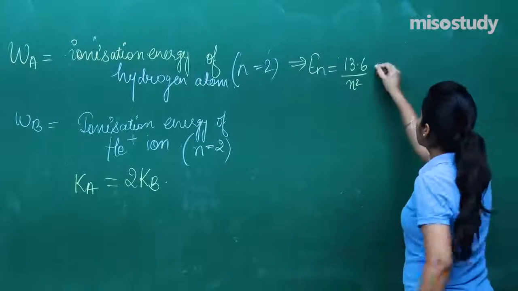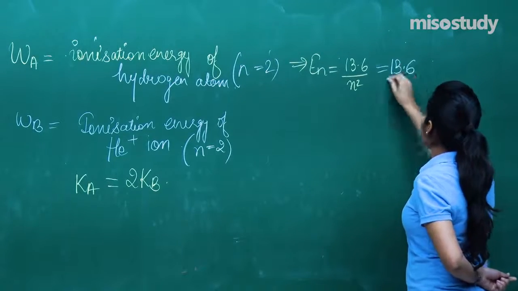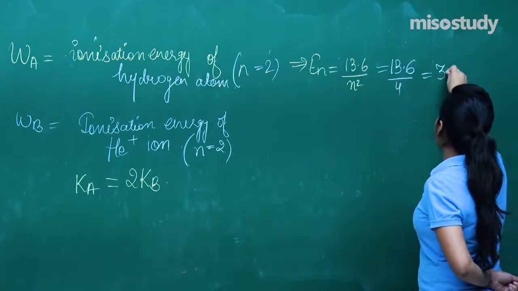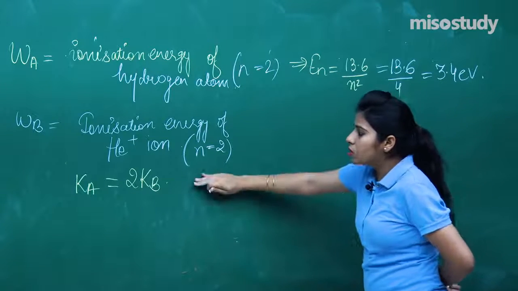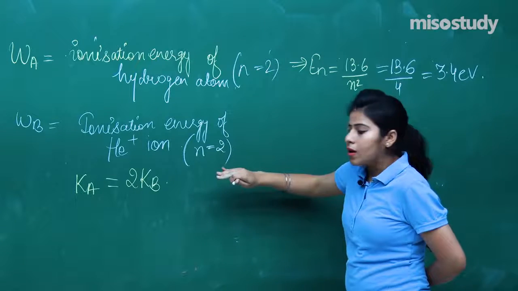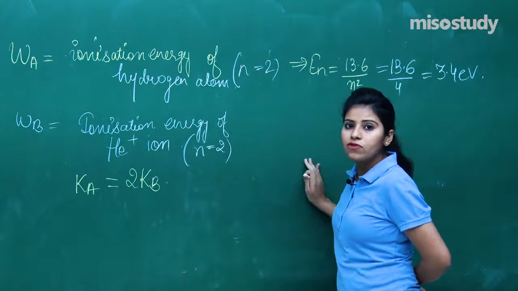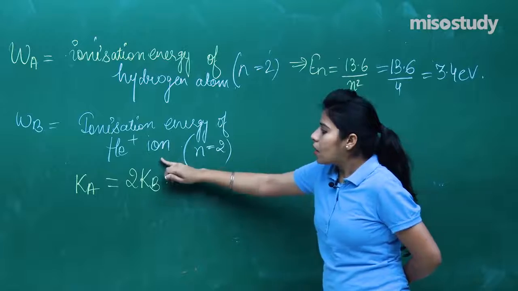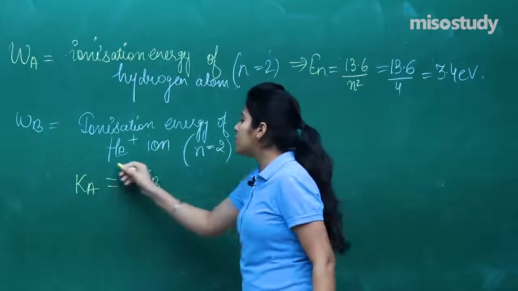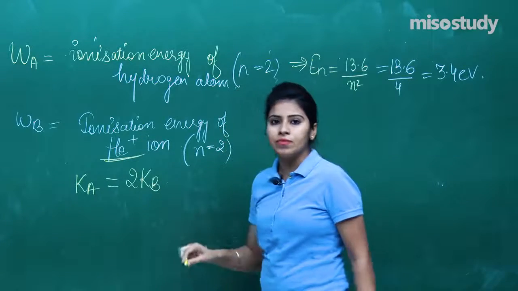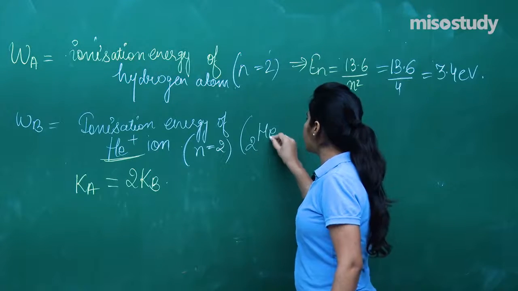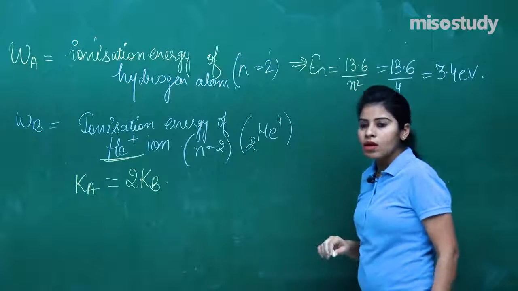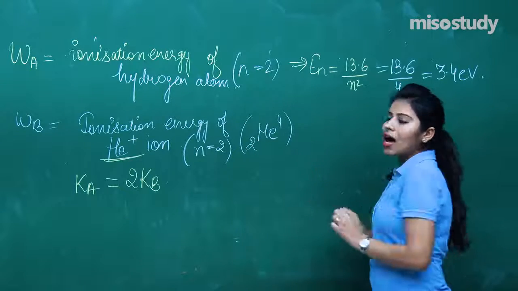So you have 13.6 by 4, that means 3.4 electron volt for this Wa. Now look at this: it is a helium ion, and helium is 2He4.